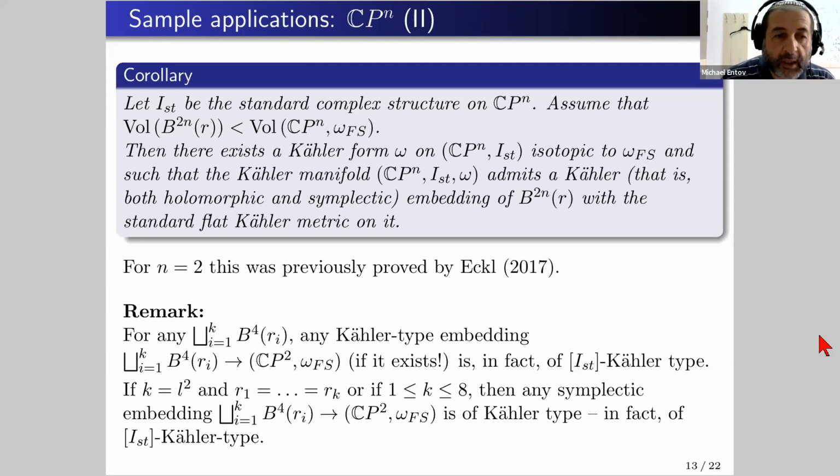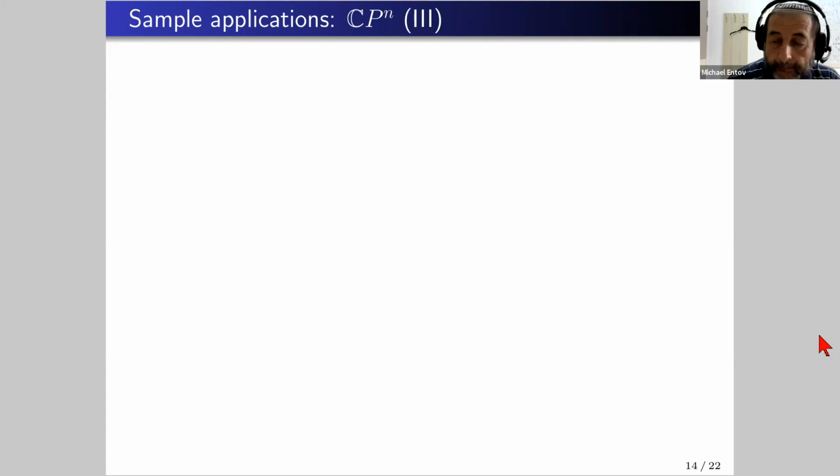Okay. Now let me discuss the connectedness result for CPN. I have two general results about Kähler-type embeddings of balls, existence and connectedness, and in each application we're going to discuss existence in that application and connectedness in that application. So connectedness in the case of CPN.